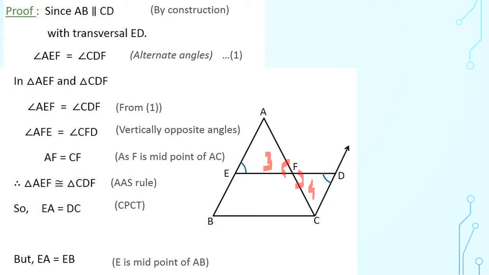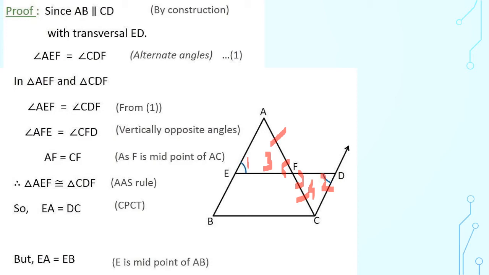These are vertically opposite angles. And AF is equal to CF because F is the midpoint. So already we had 1 is equal to 2, 3 is equal to 4 vertically opposite, and AF is equal to CF because F is the midpoint.